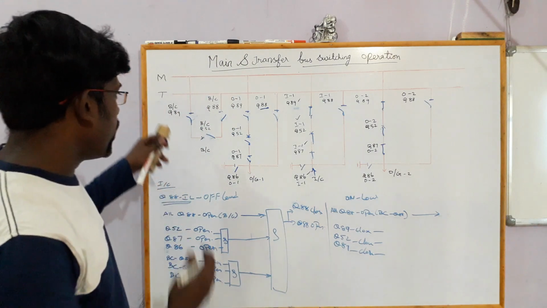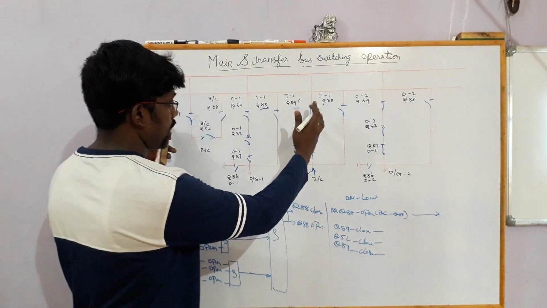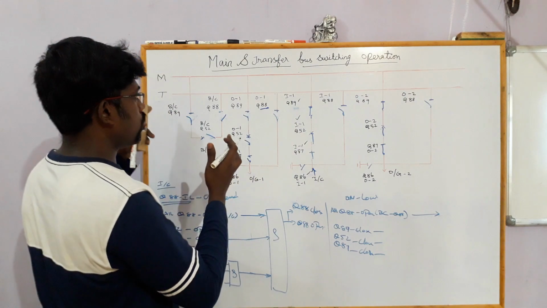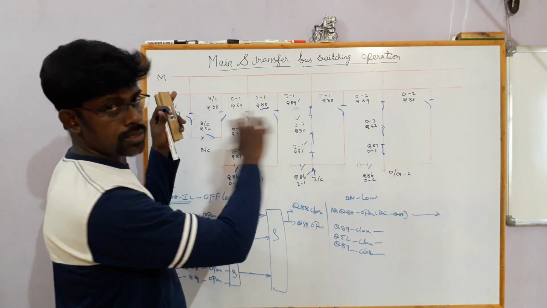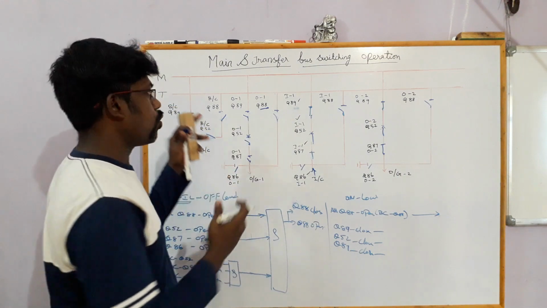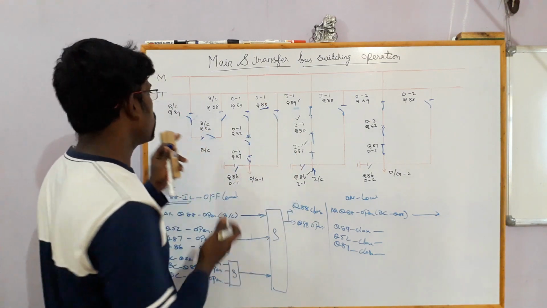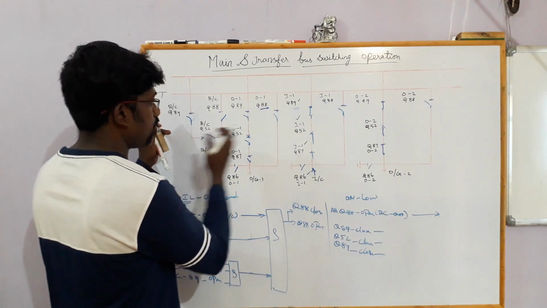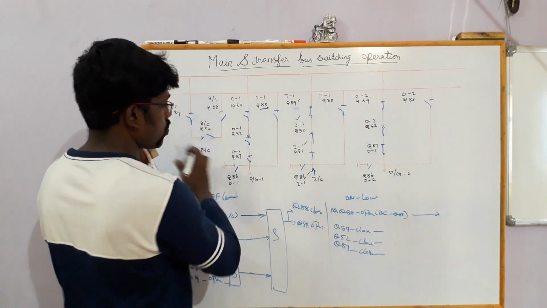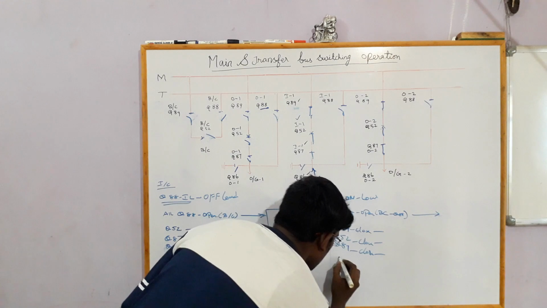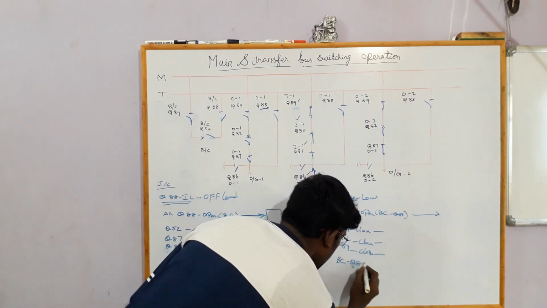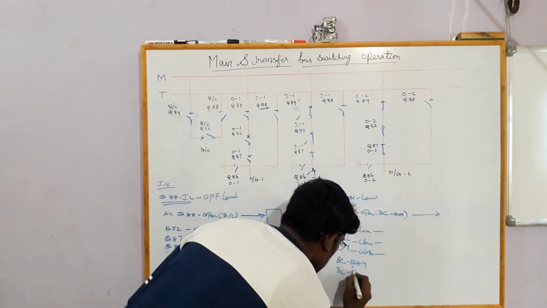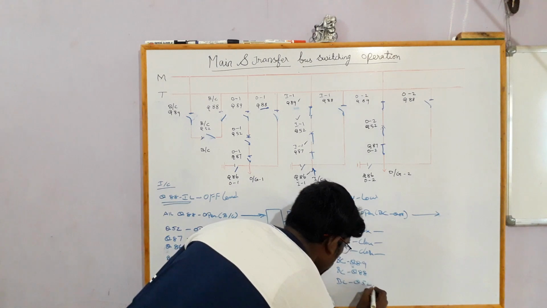Now we go for the bus coupler because it is an on-load transfer. So when you switch on, it has to be transferred to the transfer bus and the load has to be shared continuously. So in the bus coupler, before closing this, it has to be in closed position. So here bus coupler Q89, bus coupler Q88, bus coupler Q52.